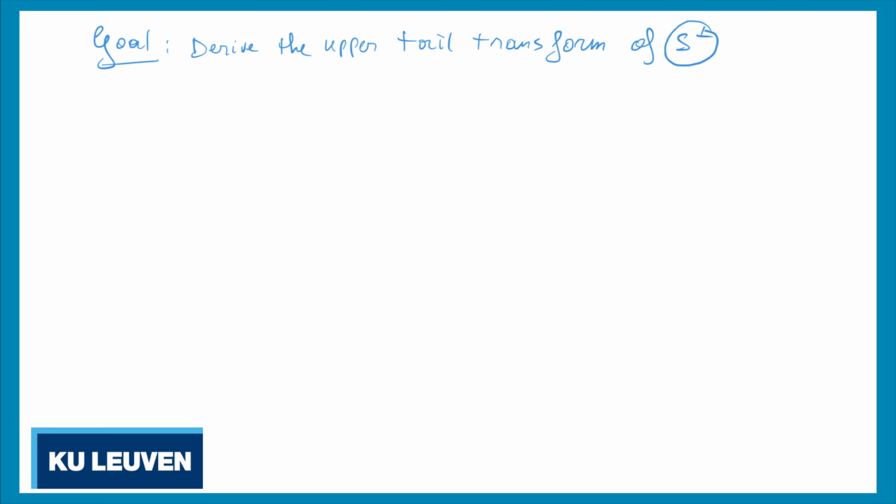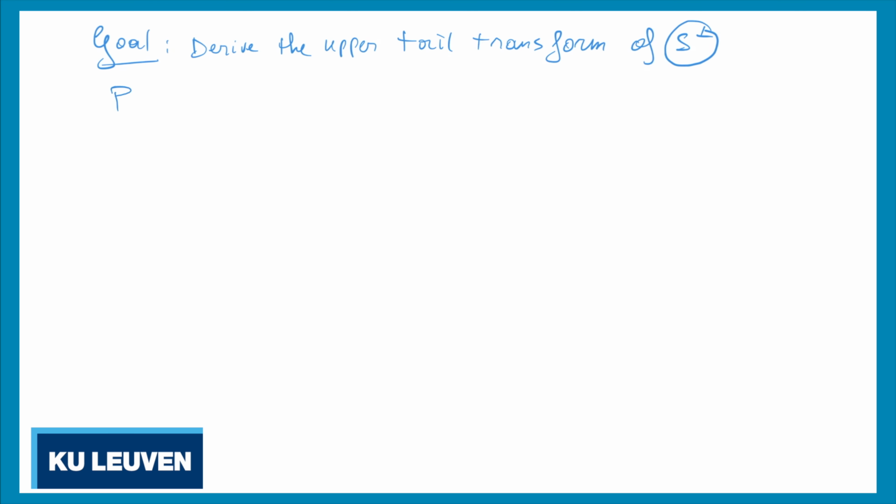All right, because the upper tail transform will tell you something on the extreme positive losses, and because we are looking at loss random variables, that's where the risk is. Alright, so before we can determine the distribution function of the sum, let's first do the joint probability.